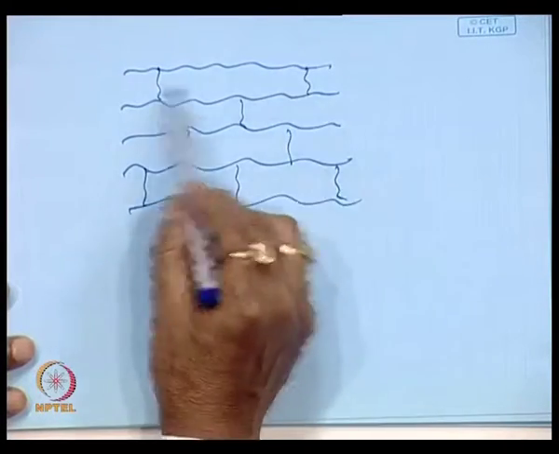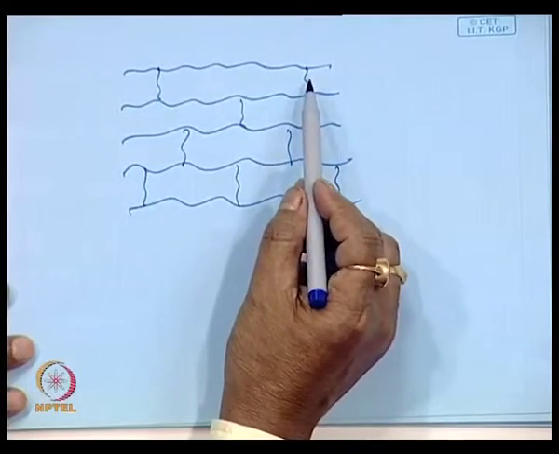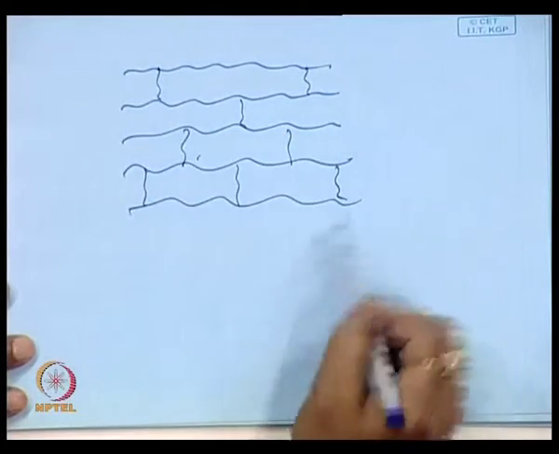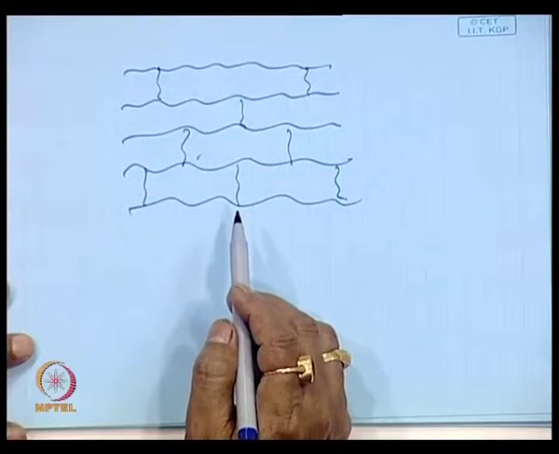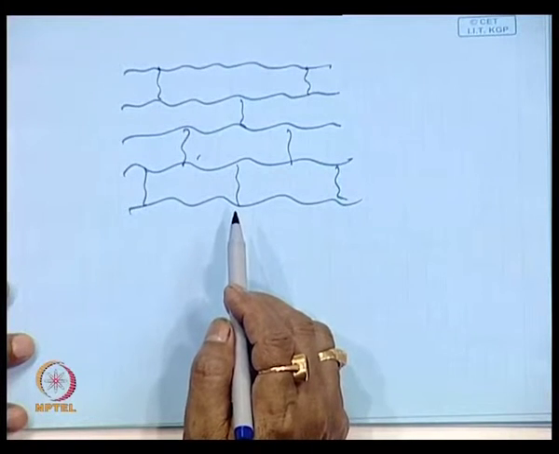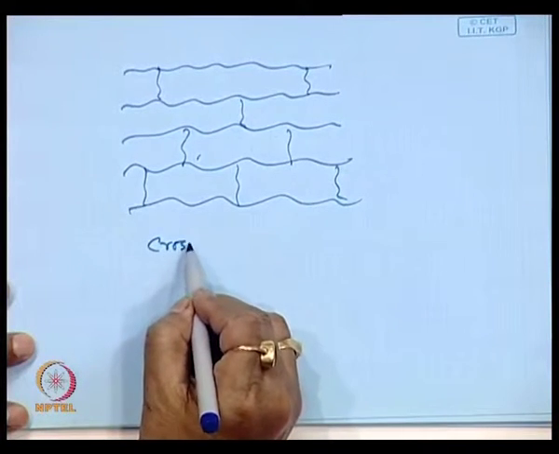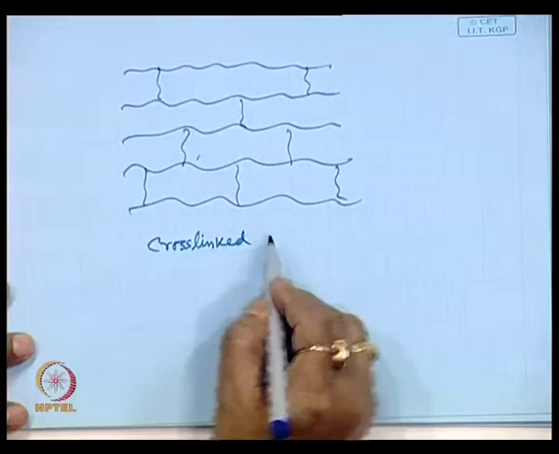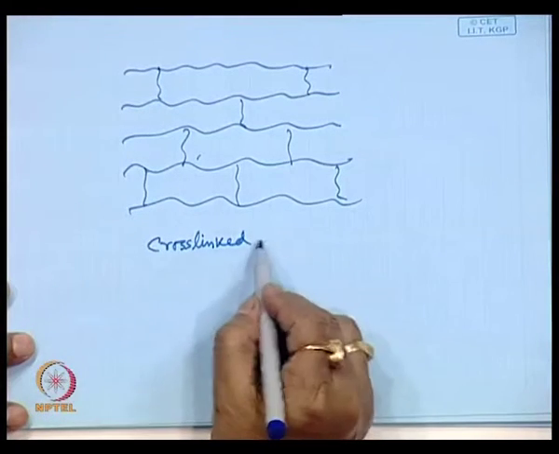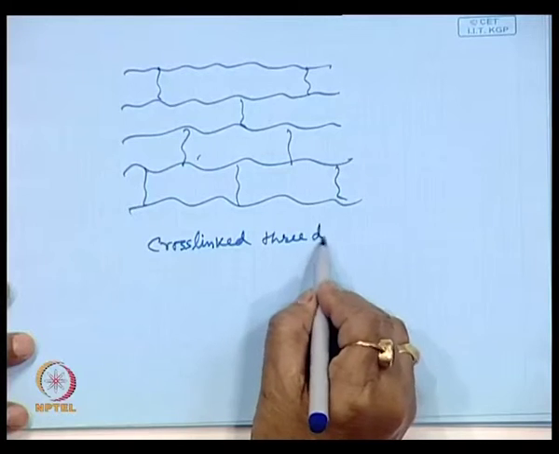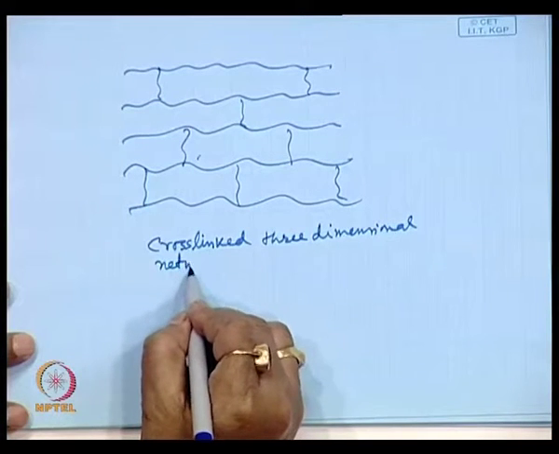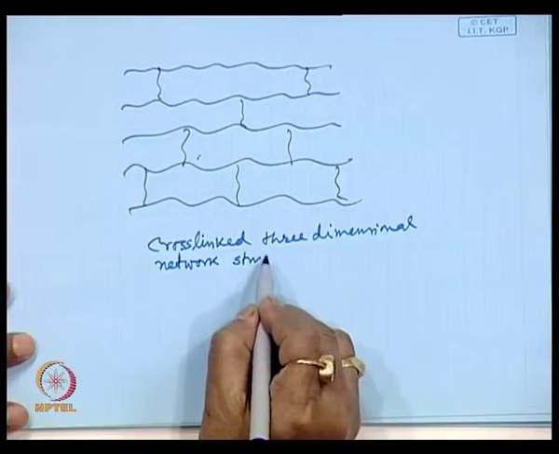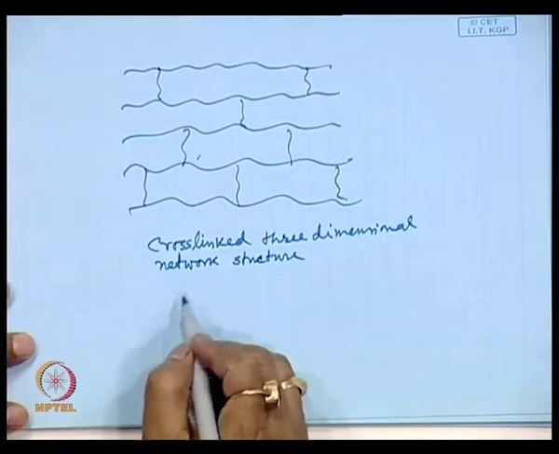These are linked by primary valence bonds. This is a planar network structure. We can draw a 3-dimensional network structure, as I showed you earlier. So, this is a cross-linked three-dimensional network structure.